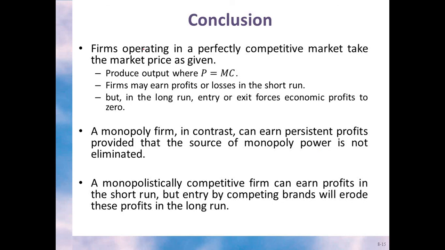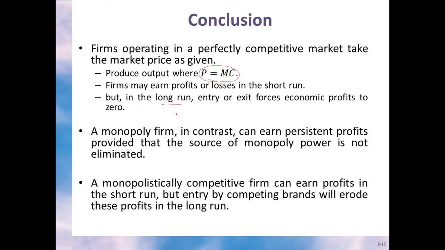So in conclusion, firms operating in a perfectly competitive market are price takers. So the rule is P equal to MC. In the short run, you may earn profit or loss, but in the long run there will be entry or exit that forces the economic profit to zero.